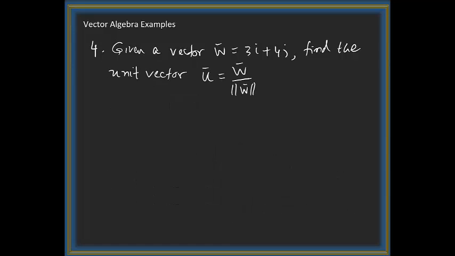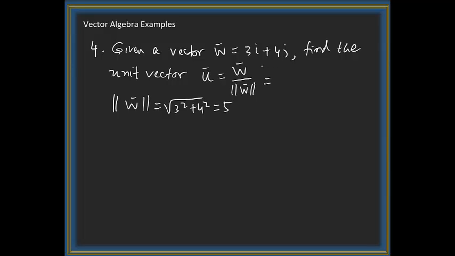We are now given a vector W equals 3i plus 4j. We need to find its unit vector U equals vector W divided by its magnitude. We have the magnitude: the magnitude of W is the square root of 3 squared plus 4 squared, which is 5.